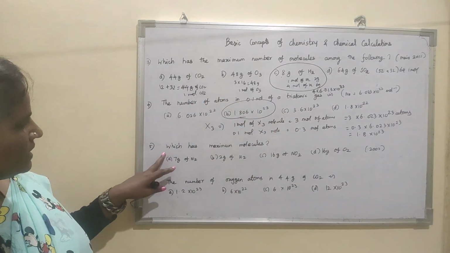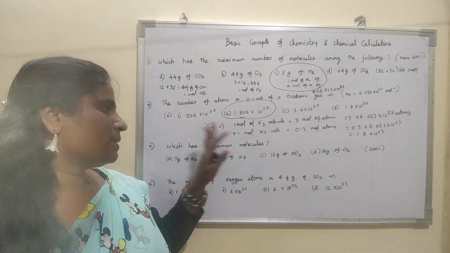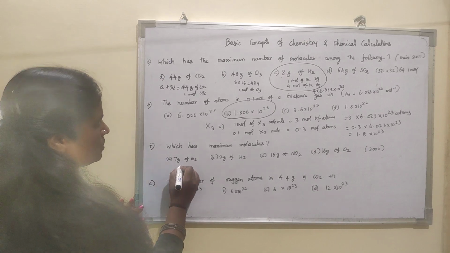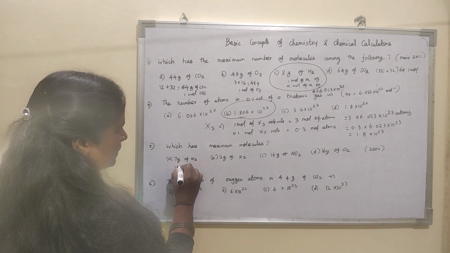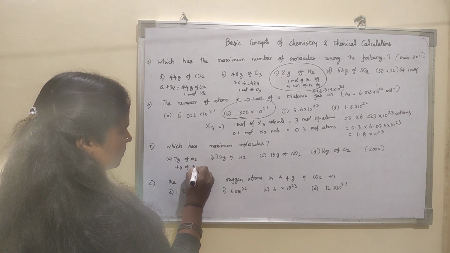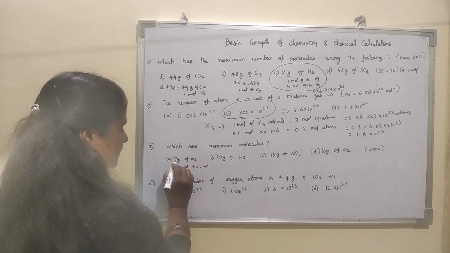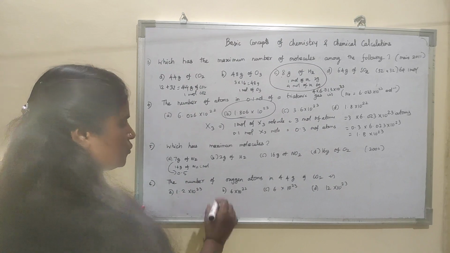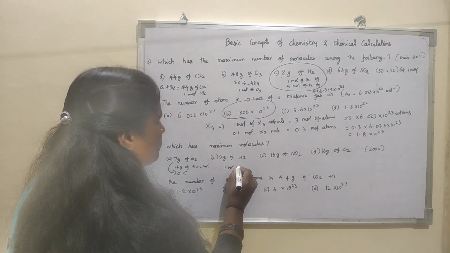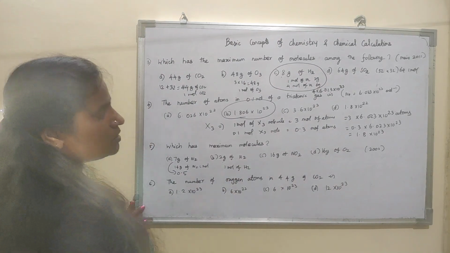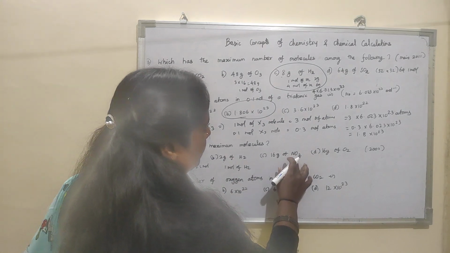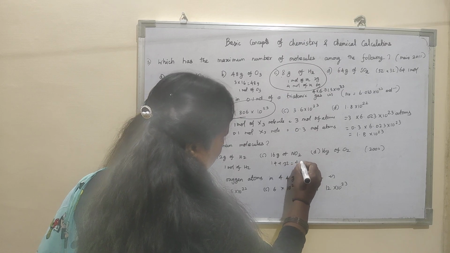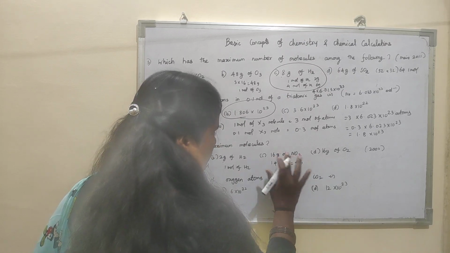The next question is: which has the maximum number of molecules? 7 gram of N2. 1 mole of N2 is 28 gram, so 7 gram is 0.25 mole. 2 gram of H2 is 1 mole of H2. For the next one, nitrogen 14 plus oxygen 32 gives 46, so half a mole is 23.